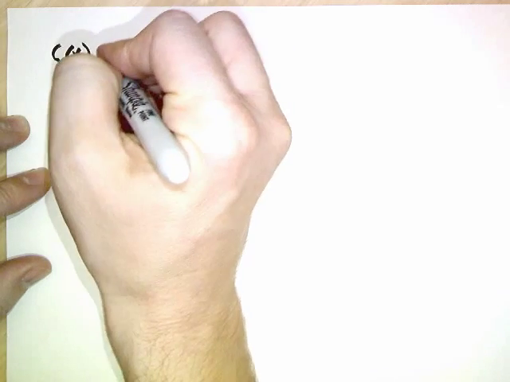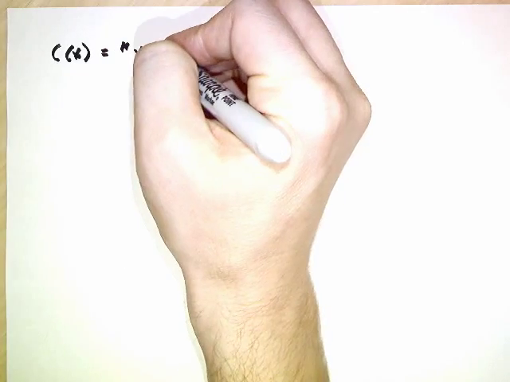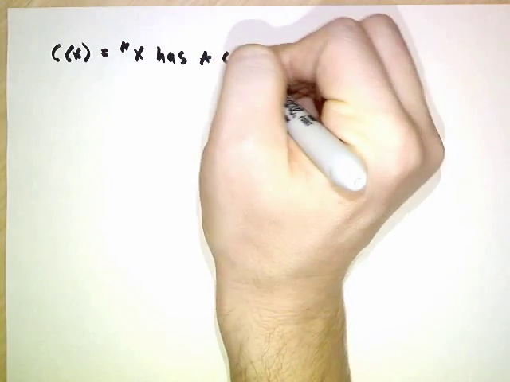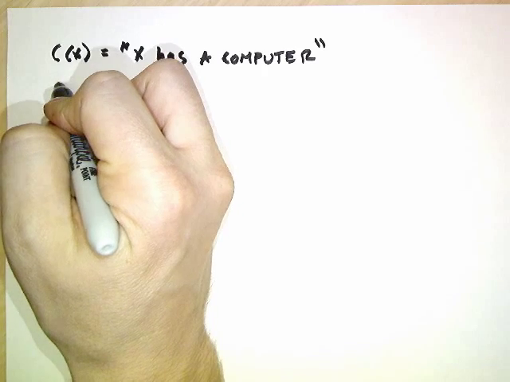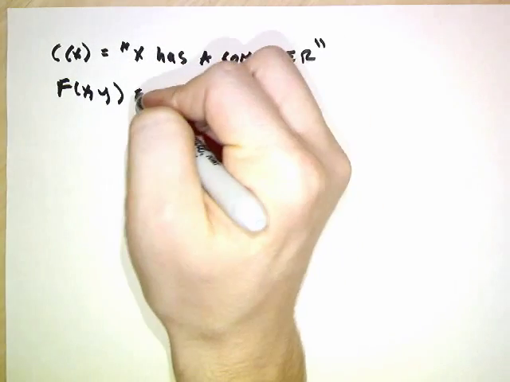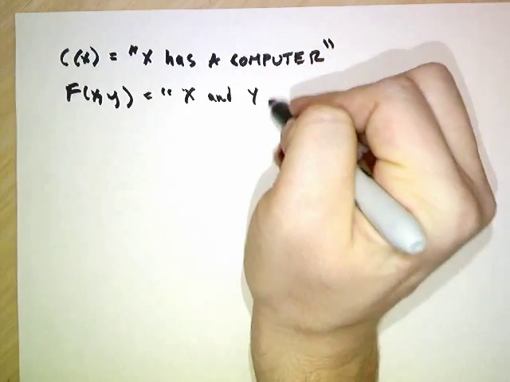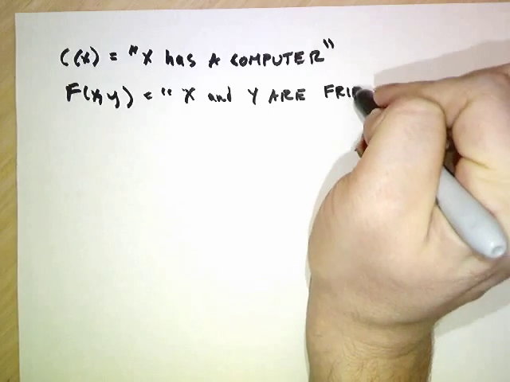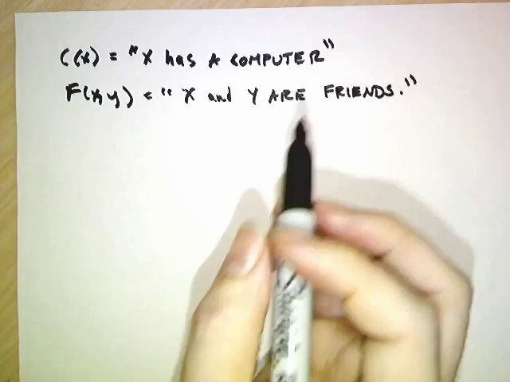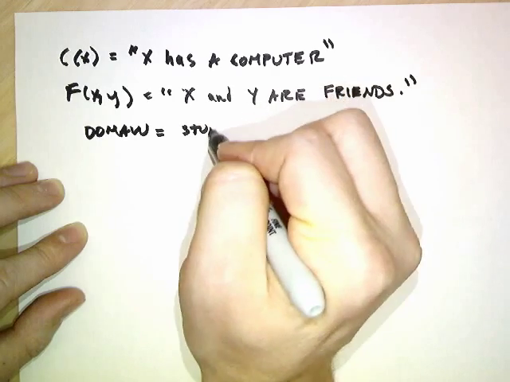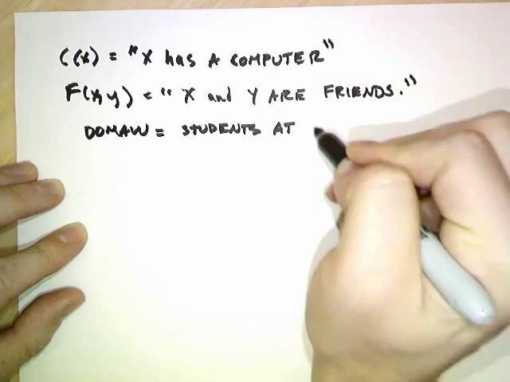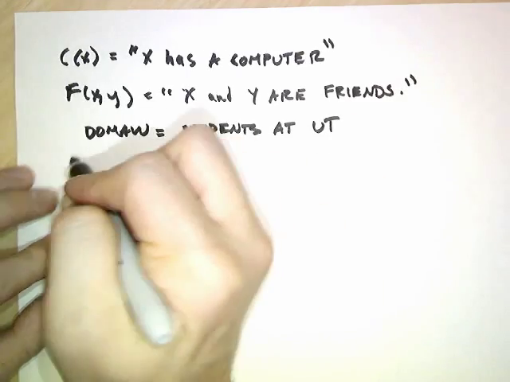So, for example, if we have the predicate C of x is equal to x has a computer, and F of x, y is x and y are friends, and the domain is students at UT, then we can consider something that looks like this.